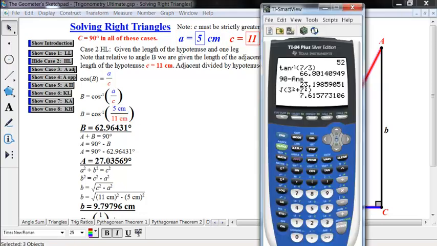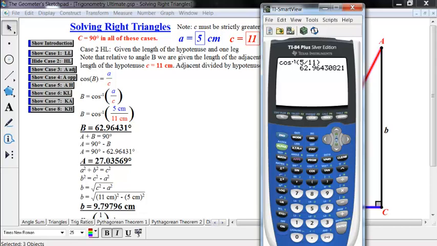Centimeters are going to cancel out here, so I can take this on my calculator. First of all, check my mode. I'm in degree mode, so my answers will come out in degrees. So I do inverse cosine. The answer will be an angle whose cosine is whatever I put inside the parentheses. So 5/11 is the cosine, and this will give us the acute angle that has that cosine, 62.964 degrees.